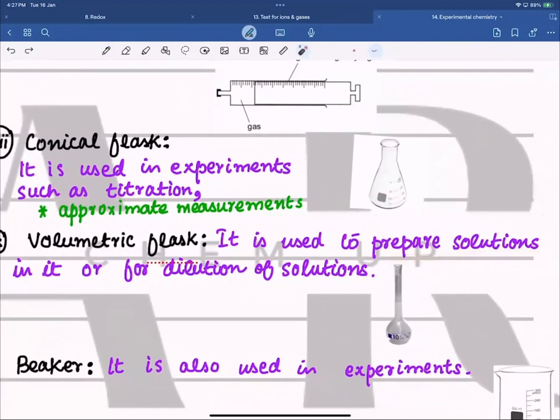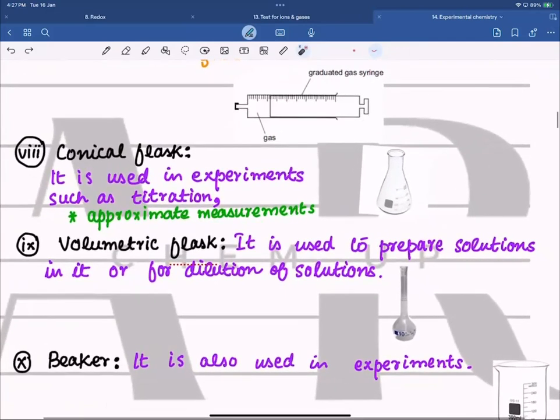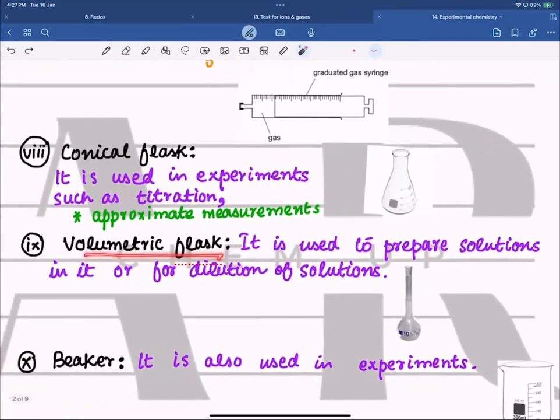For example, we have a stock solution which has a very high concentration of acid, and from that we have to make a dilute solution of acid. So we will take some amount of that acid into this volumetric flask, then we add water till this mark to prepare the solution. Remember, whenever we have to make a solution or do a dilution, we always use a volumetric flask. They also come in different capacities.